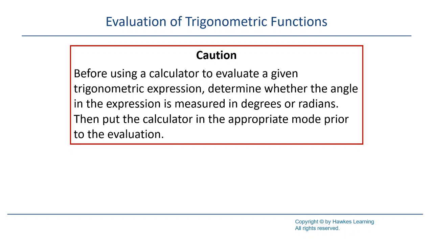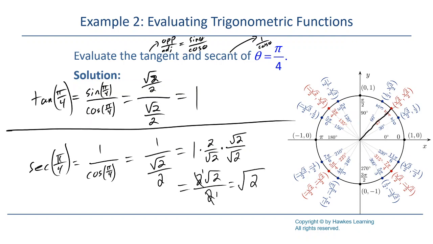Because if you don't, if you do sine of 90 and it's in radians, you're going to get the wrong answer because it's going to treat it as 90 radians. That's always a good quick check. To go back here for a second, notice I said these were related to, that this was x and this was y.